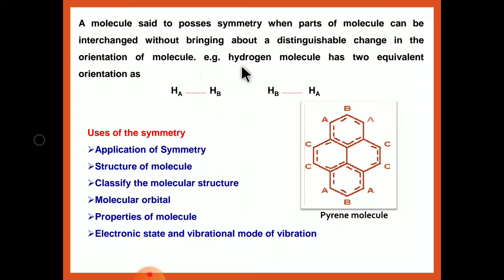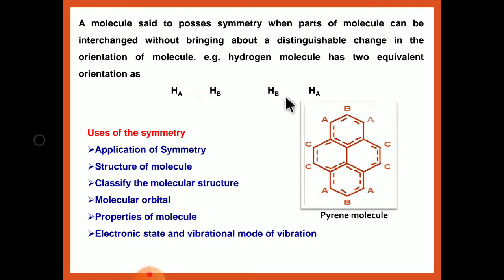For example, the hydrogen molecule has two equivalent orientations. In the hydrogen molecule, the first hydrogen atom is Ha and the second hydrogen atom is Hb. If we rotate this molecule by 180 degrees, Ha will be replaced by Hb and Hb by Ha, and we will get the second orientation of the H2 molecule as Hb bond Ha.